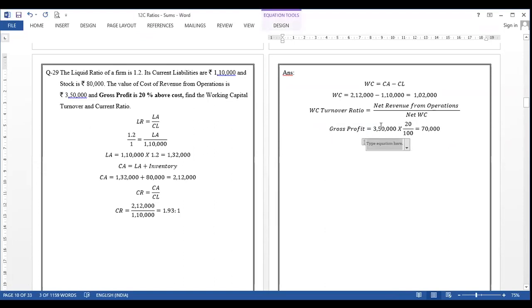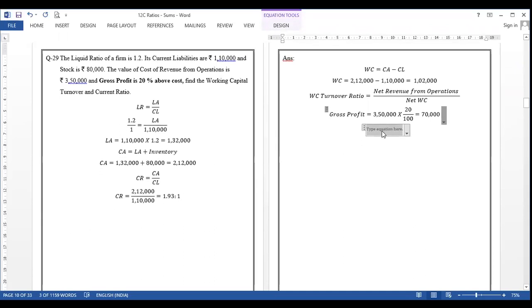Now we have COGS with us. We have gross profit with us. So it is easy for us to calculate. Yes, sir. 3,50,000 plus 70,000, revenue from operations 4,20,000. So revenue from operations is equal to cost of revenue from operations plus gross profit.